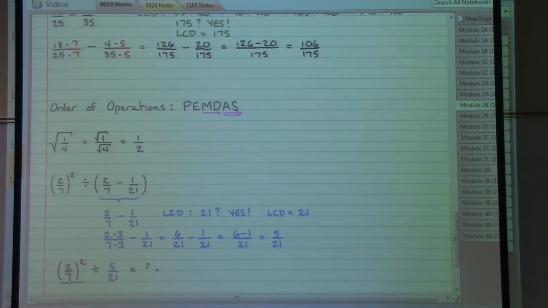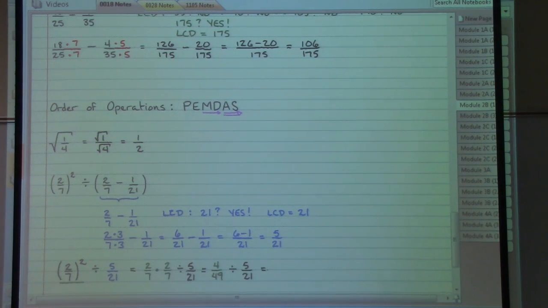So we have 2 over 7 times 2 over 7. And that will end up giving us a 4 over 49. Now we've got a division problem to work out.